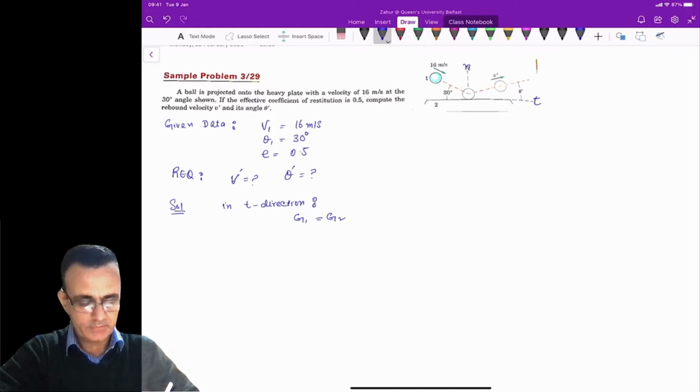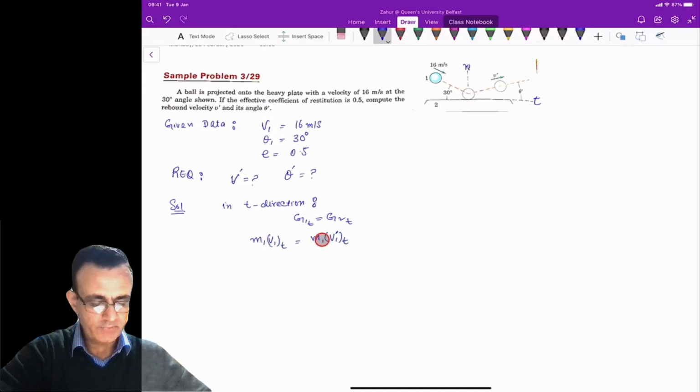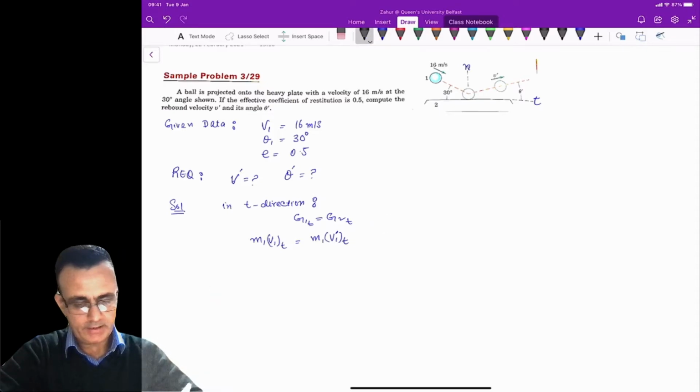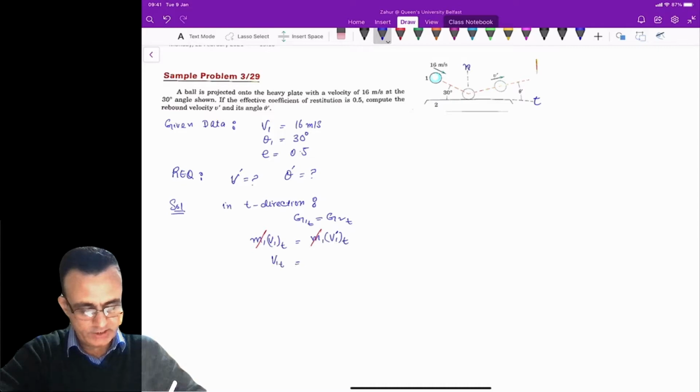So m1 v1t, in the tangential direction, is equal to m1 v1 dash t. This equation is only applicable in the t direction, and because m is on both sides, we can cancel m. So we get v1t equal to v1 dash t.